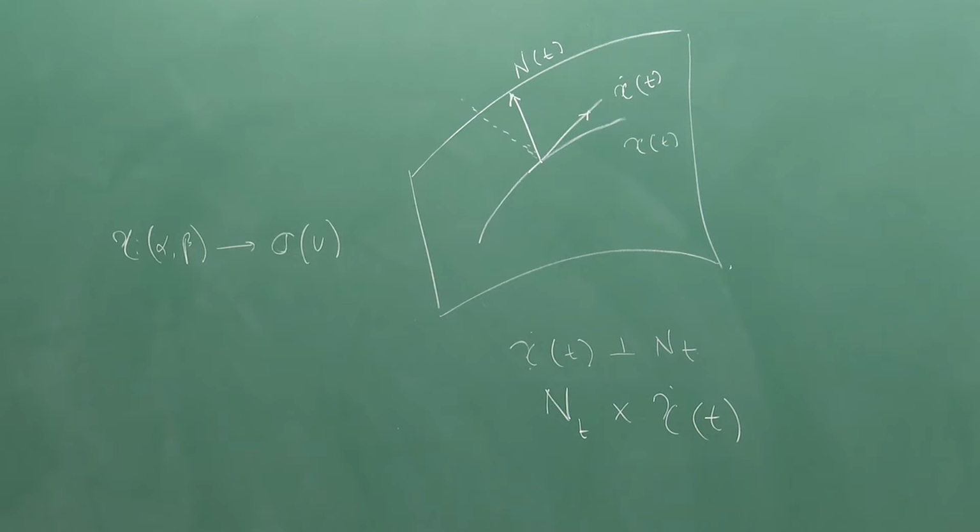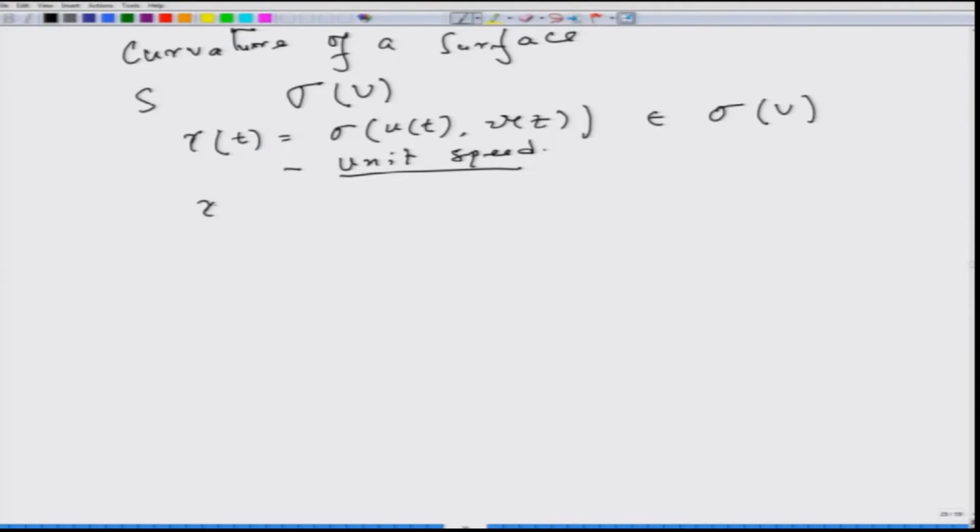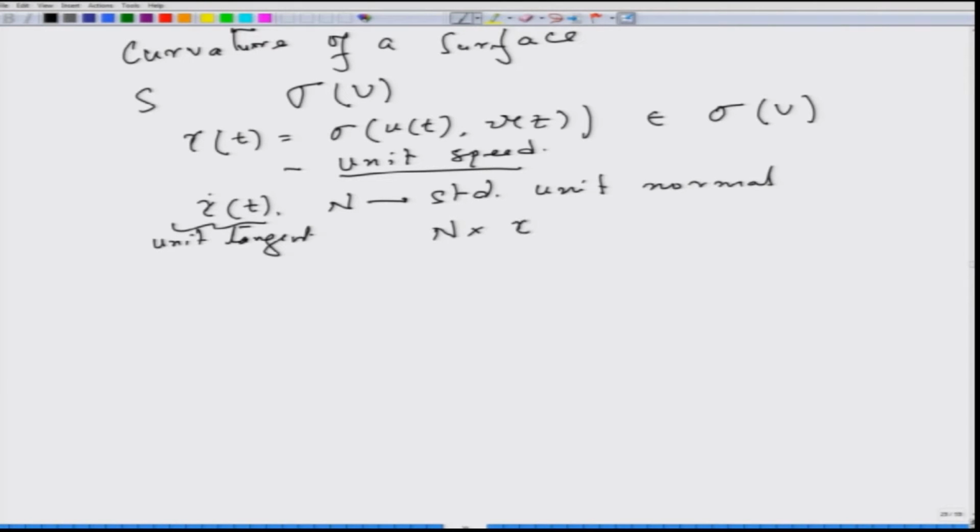So what is happening now? I have three vectors: gamma dot t, the unit tangent; the standard unit normal n; and the vector n cross gamma dot.